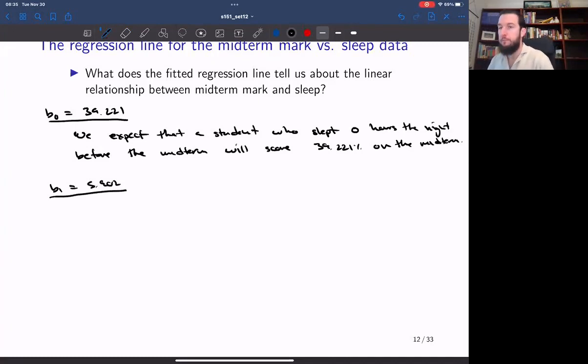Okay, the slope is telling us the expected change in the response for a 1 unit increase in x.